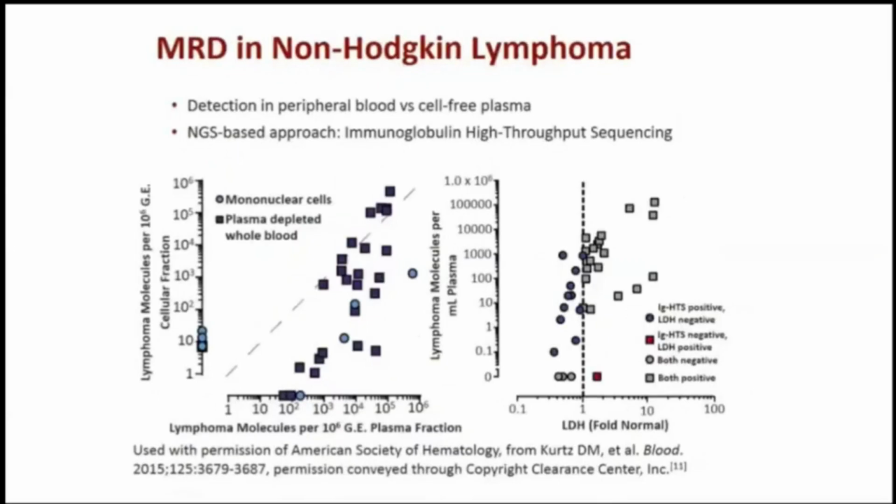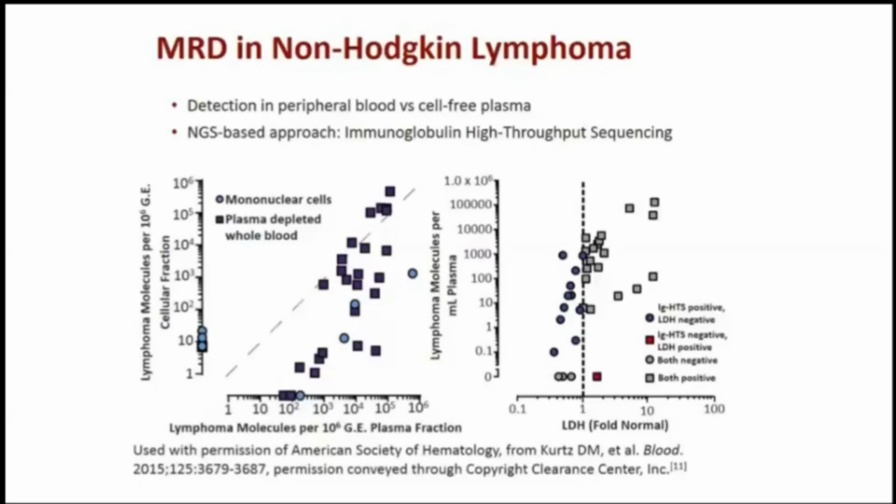Another area of research is non-Hodgkin's lymphoma. Now, this is something that is still evolving. It hasn't come into routine clinical labs, but cell-free DNA is now coming, and it's also a type of MRD analysis.